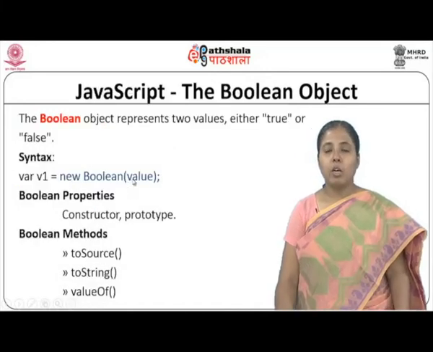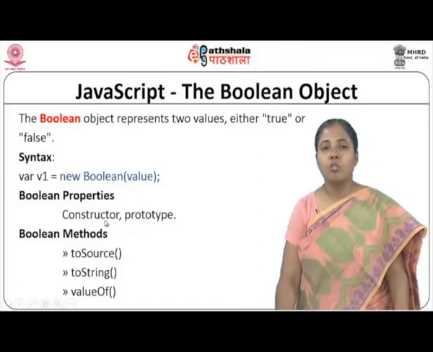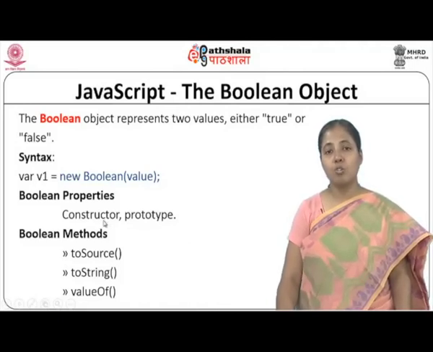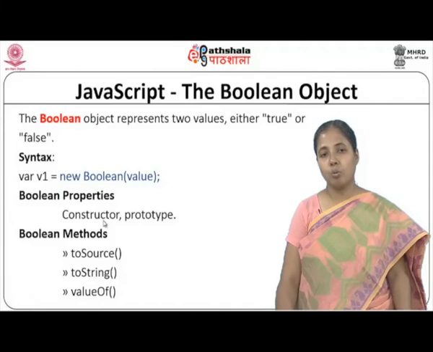And similar to the number object, there is a boolean object that represents two values, true or false. You create a boolean object using the new operator in this way, and the two properties supported in this boolean object are constructor and prototype. Constructor calls the constructor of the boolean object, and it returns the source of the object that is created, which you can now use for assigning to another object.